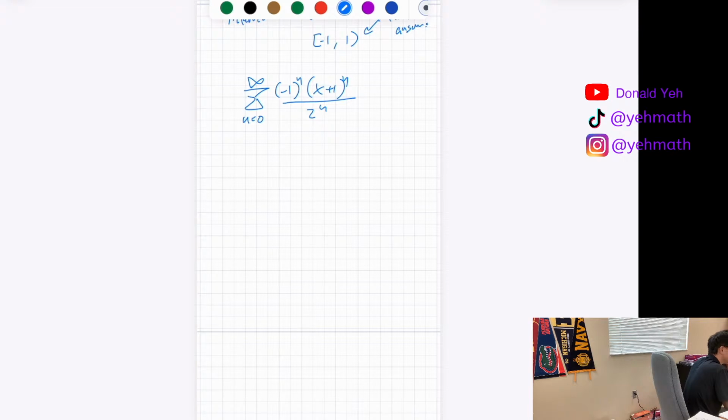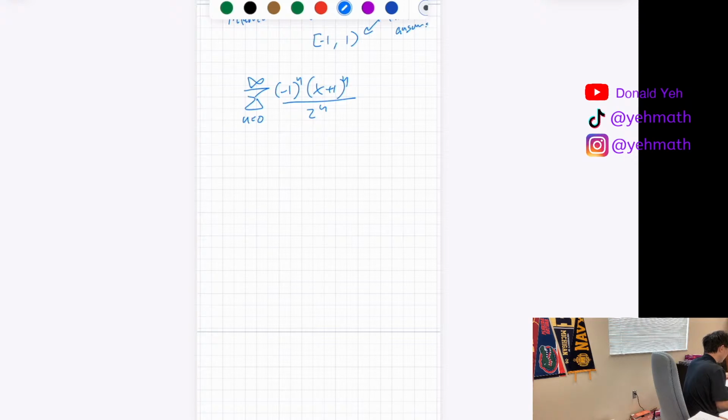You're supposed to find the center. You can find the center if you want. Did you find the center? Wait, so what if it's like x plus one? Would the center be 1 or negative 1? Wait, so this is negative, this is negative.